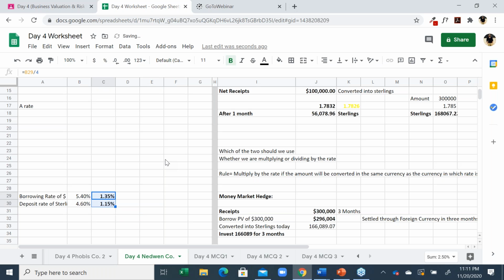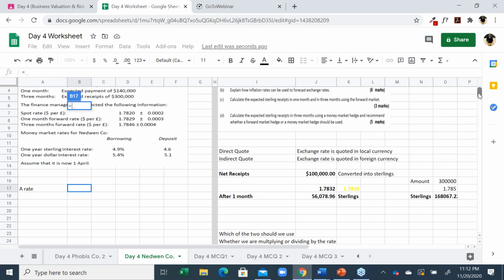In interest rate parity theory, we pick up a spot rate. What was the applicable spot rate in case of receipt? There were two, na? We have to use the one that we use for money market. It was 1.7822, right?